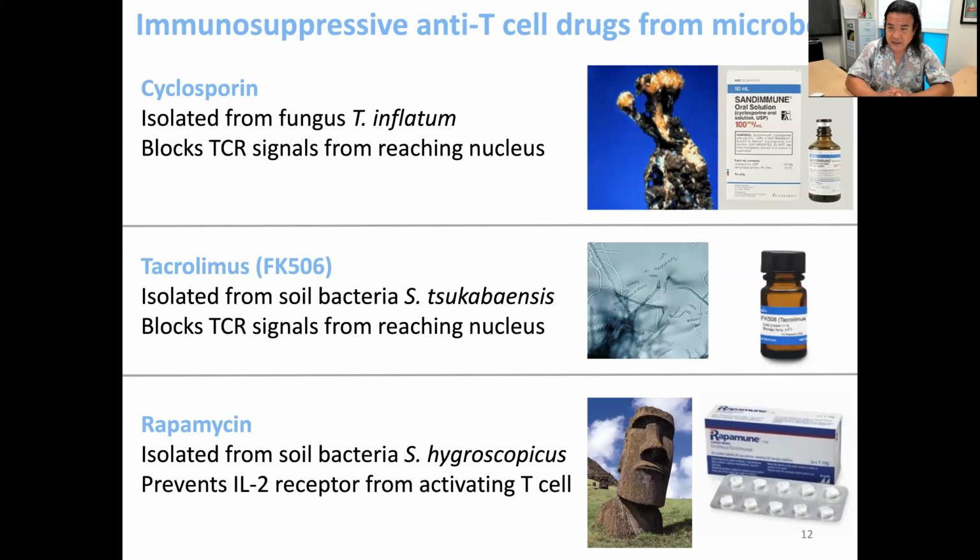Right? So I think it's wonderful that modern medicine can take these compounds and actually use them, right? Use them for their immunosuppressive qualities as a way of treating patients who are recovering from solid tissue transplantation.